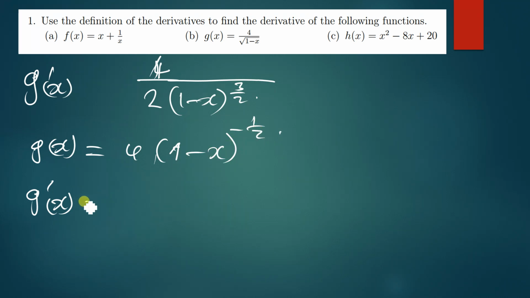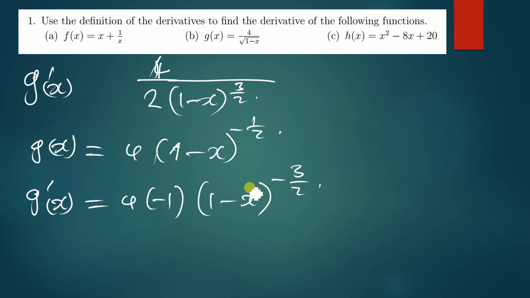So this can be found by using chain rule as 4 times, differentiate what is inside there, you get negative 1, and then multiplied by the derivative of this expression, which is (1 minus x) to the power negative half minus 1, that would be negative 3 over 2. So g prime of x is therefore equal to negative 4.